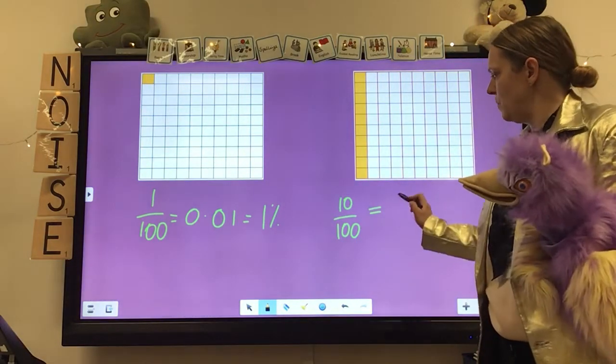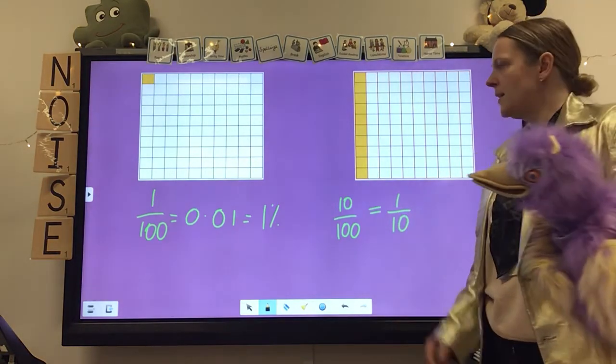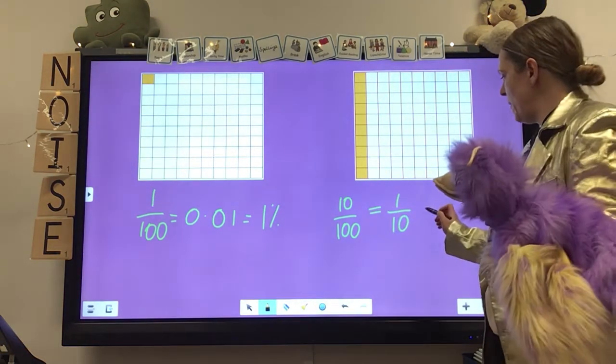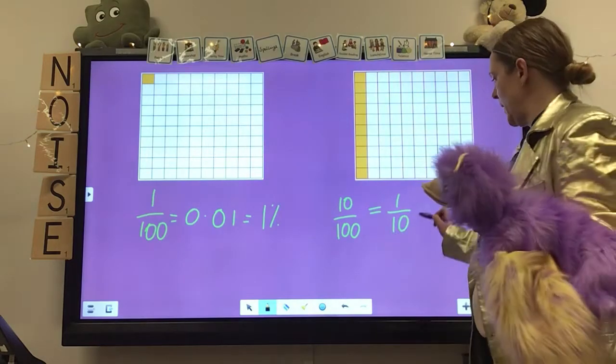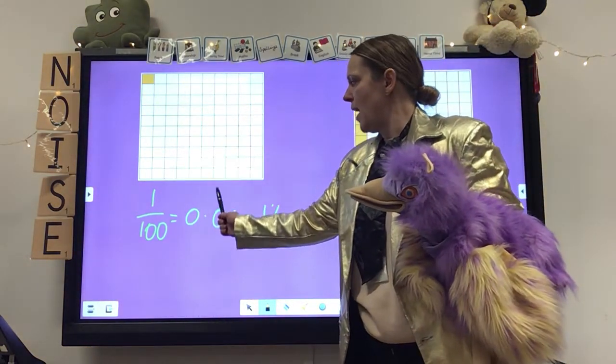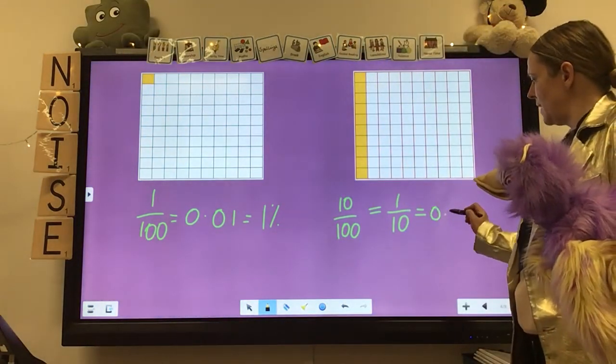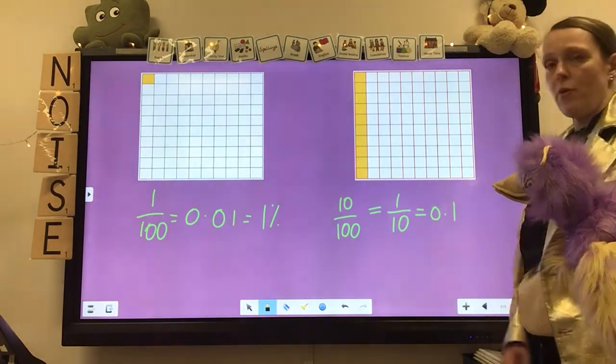So that, in its simplest form, would be 1/10. That helps us in knowing what the equivalent decimal is, okay? Thinking about our place value, we had ones, the decimal point, and then the tenths. So if we've got 1/10 here, our decimal equivalent must be 0.1.